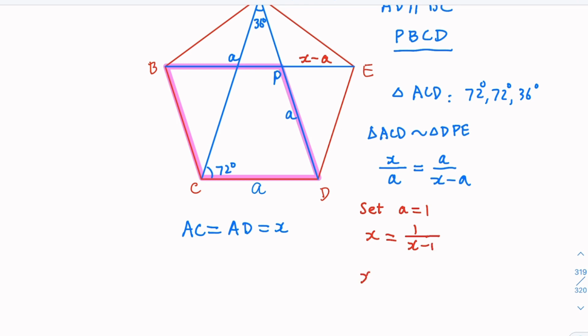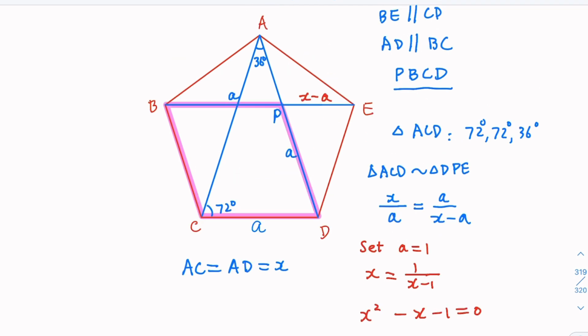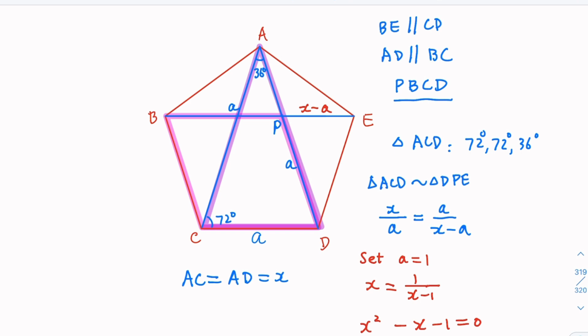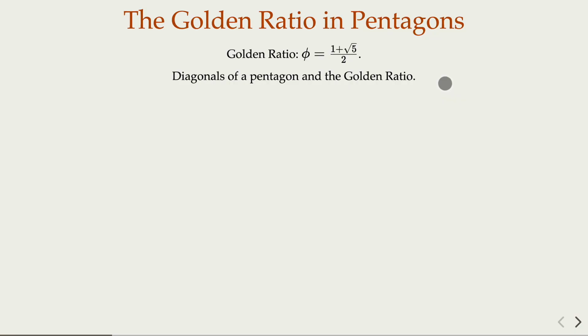This is nothing but the famous golden ratio equation. So in summary, it's good to know this parallelogram or rhombus and this special triangle and the golden ratio of the diagonal over side. Those facts are really useful in competitive math.